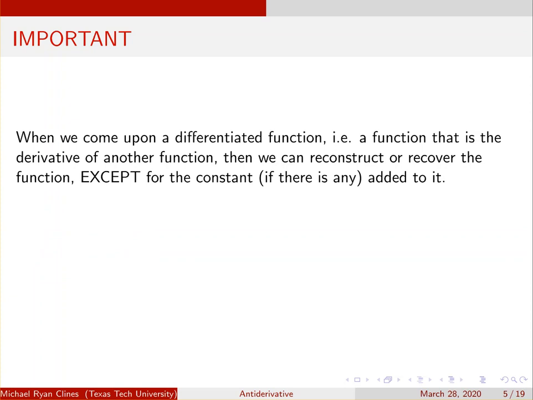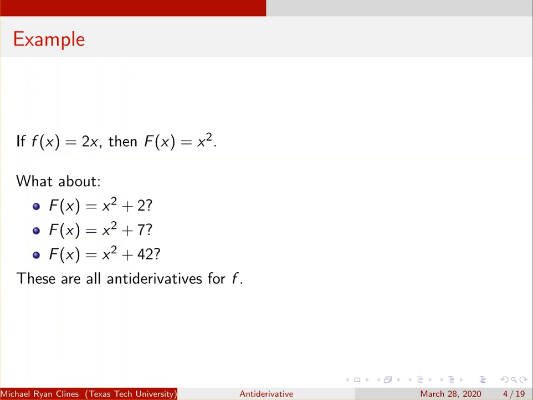Now, when we're given a function and we know that it is the derivative of another function, then we can actually go find that original function. We can rebuild it. We can recover it, except for the constant. Look back at this. When you have x squared plus 2, x squared plus 7, x squared plus 42, that constant can be anything. We do not know what it is.